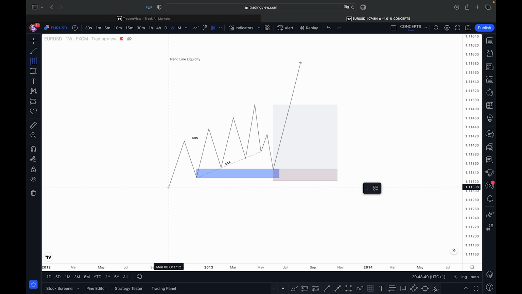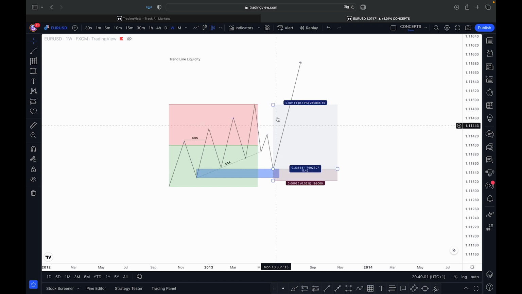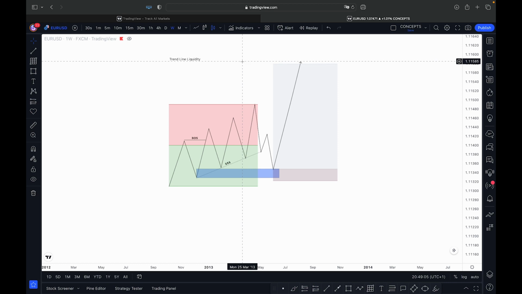With premium and discount, you could mark it up like this, so you know that in this area are the places where you would like to buy, and we will go for the extreme order block. So we place our entry over here, and then we can throw it all the way to the top side.